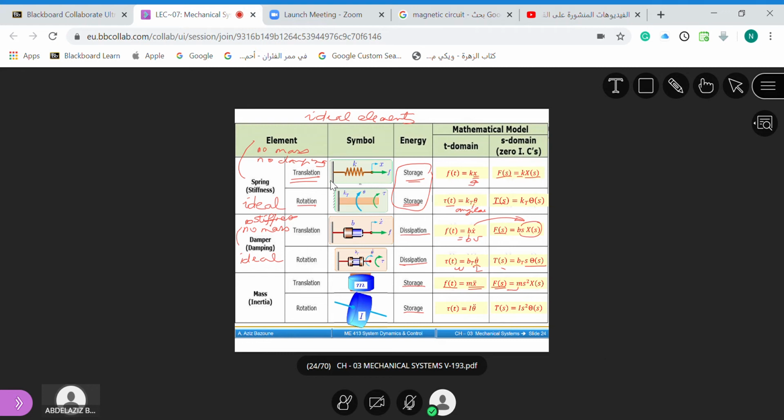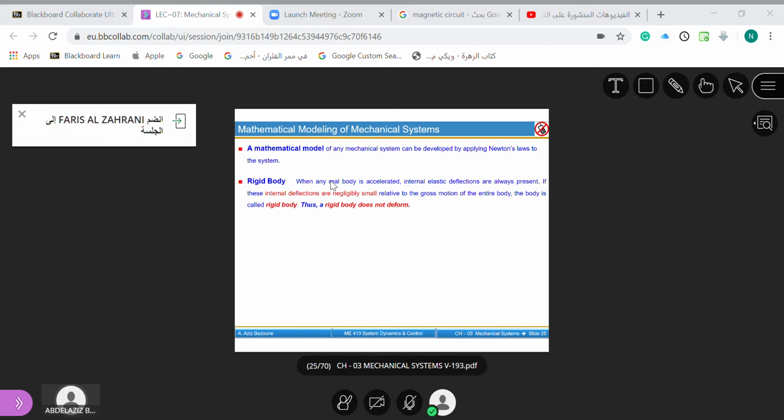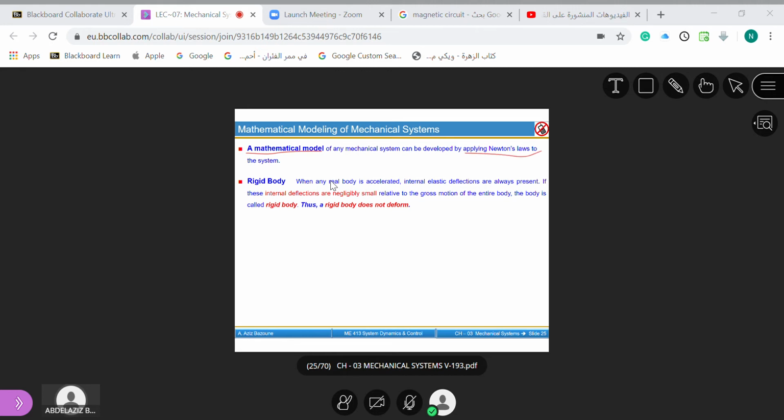Now, today, since we have the elements, we will try to find what are the laws that we are going to use to find the equation of motion, or the mathematical model. The mathematical model of any mechanical system can be developed by applying Newton's second law to the system.